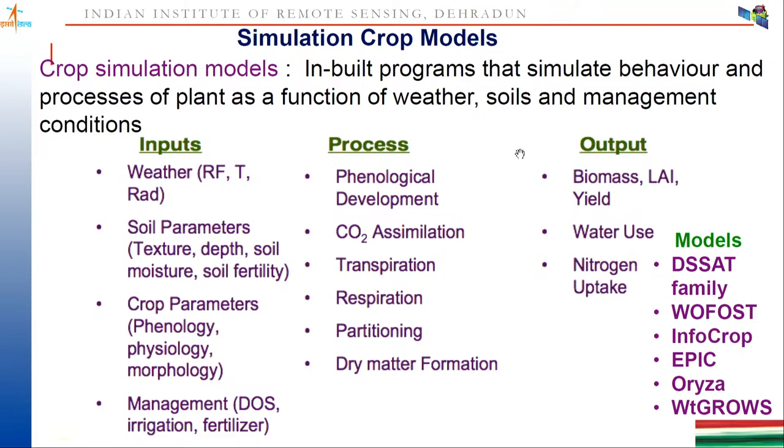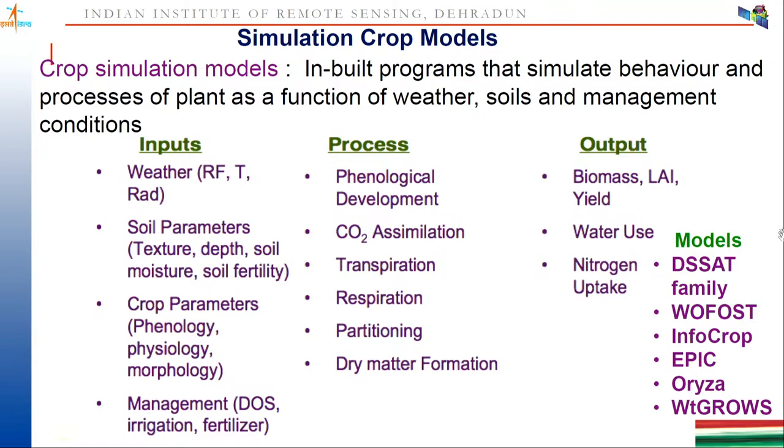So most of these crop simulation models are experimental models. They work at point scale, at a particular experimental farm or observatory, but there is always a possibility to extend this kind of crop model to a large area using the spatial perspective power of GIS and remote sensing.